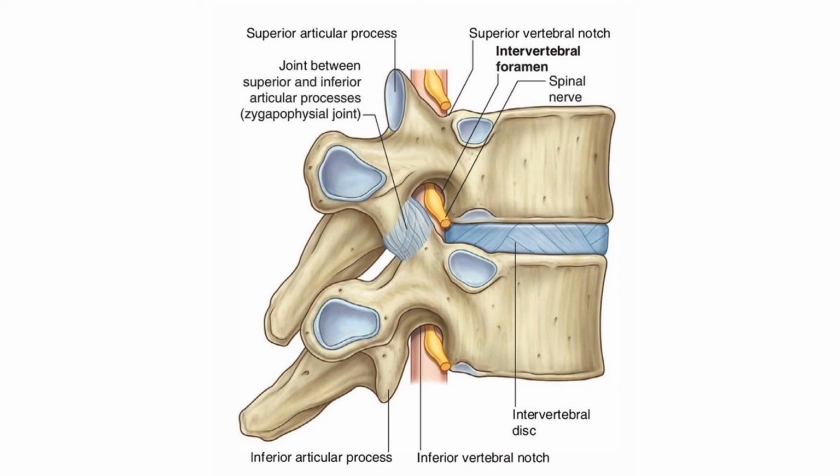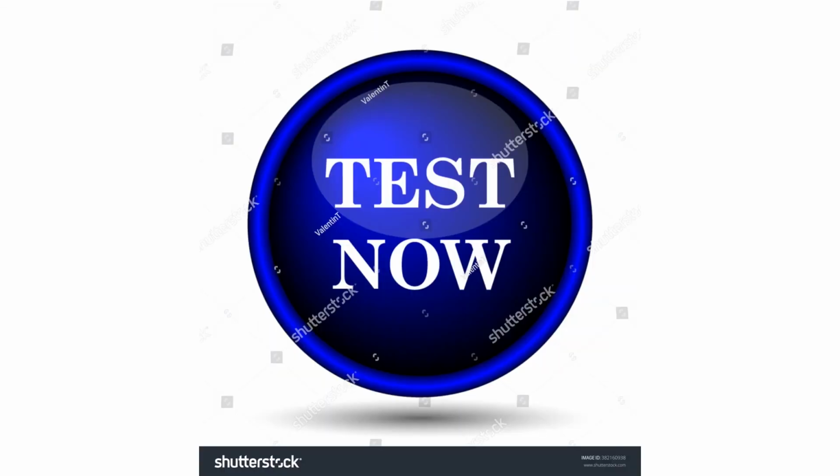Look at the location of the intervertebral disc. If it is damaged and the nucleus pulposus is protruding, it is going to put pressure on the spinal nerve.